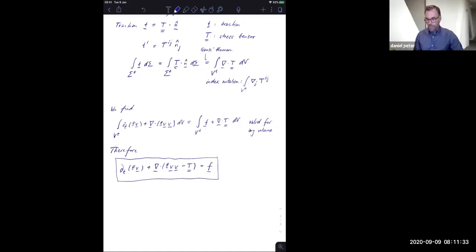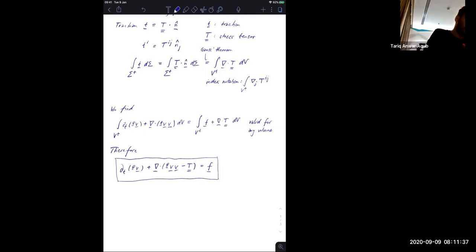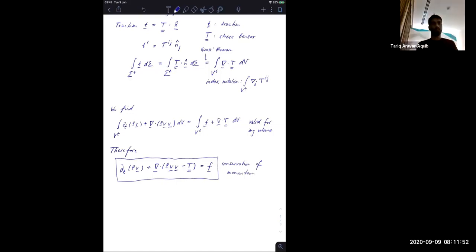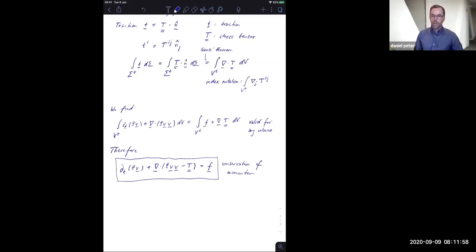Good, so this is basically a conservation of momentum, what we just wrote down now. Or if you want linear momentum, let's just call it momentum. So is it clear how we came to that equation?